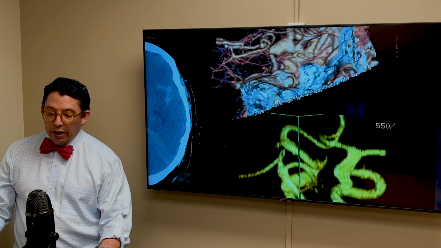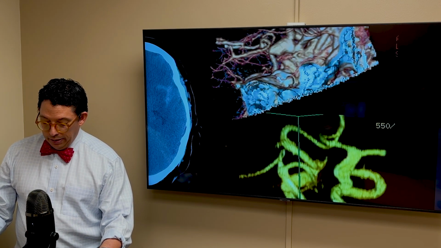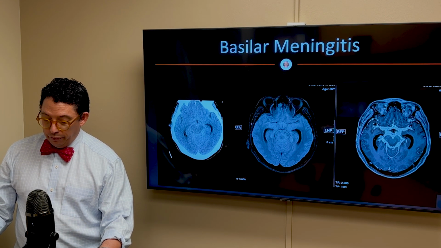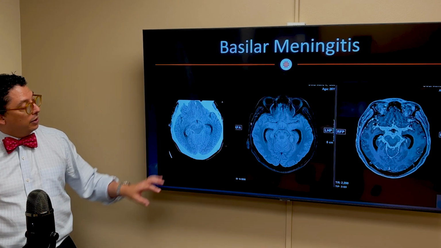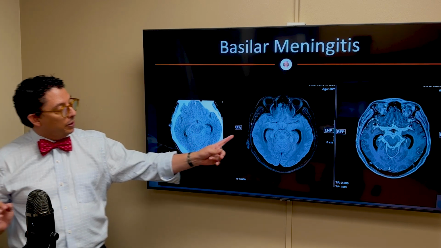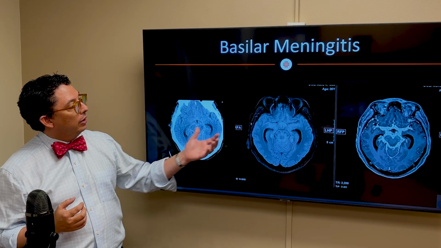But not all the subarachnoid hemorrhages are because of trauma or because of aneurysms. They can also be because of other things like meningitis. You see that you have hyperdensity in the basal cisterns. In a patient that has hydrocephalus, the ventricles are very expanded, right?